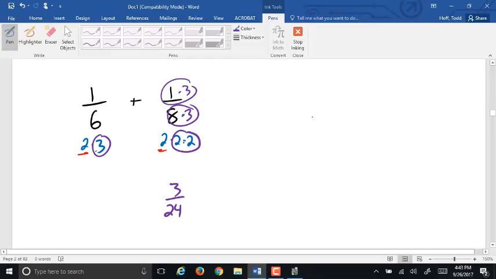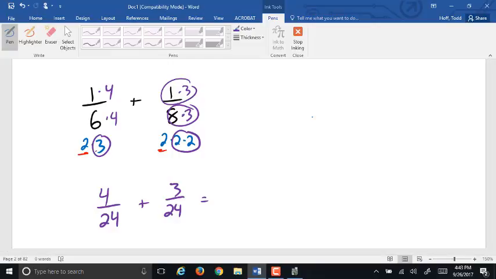This one has the extra 2, which is 2 times 2 is 4. So we're going to multiply this one by 4. That one's going to be 4 over 24. So we've created common denominators using those factors. Now, some of you might be able to look at 6 and 8 and figure out 24 as your common denominator without having to factor.